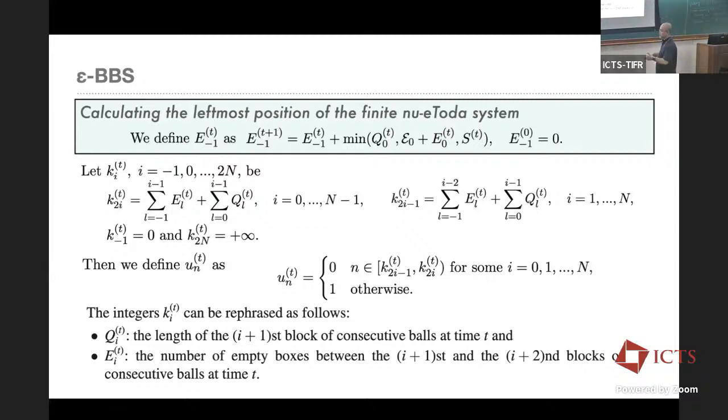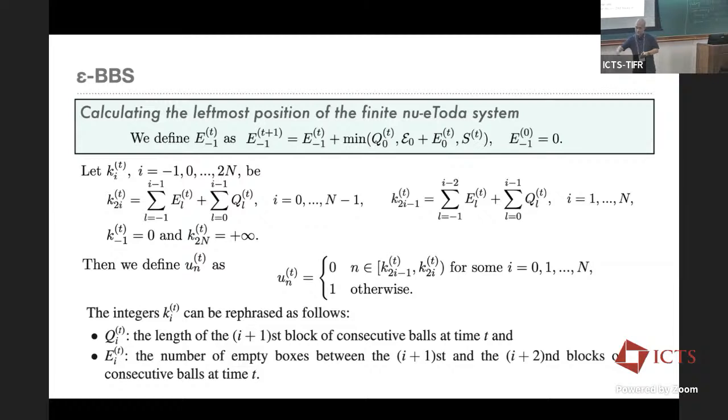In order to interpret from the point of view of the box-ball system, we had better define E-1 of t. Previously I mentioned that the Toda system, as in the first talk where you asked me a question, only defines some finite lattice. How about the other side, left-hand side, right-hand side?